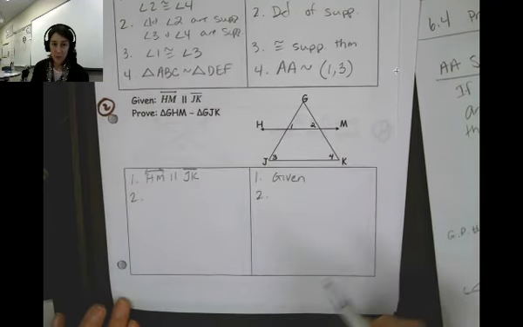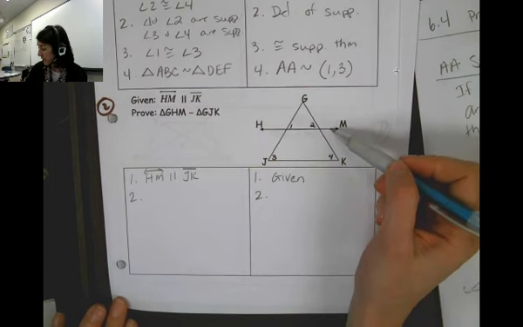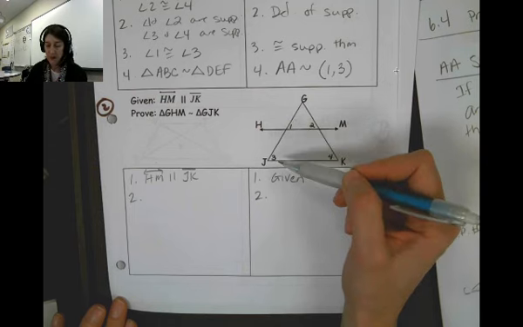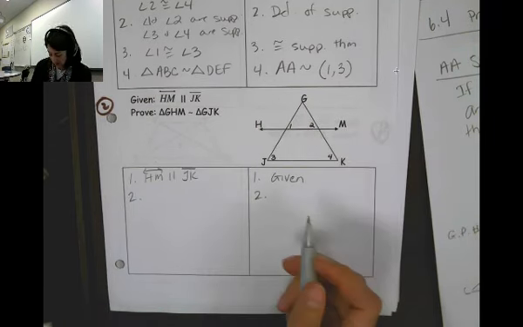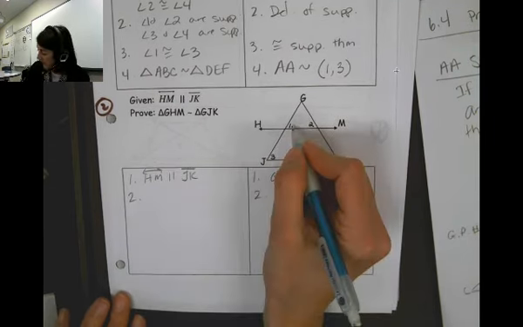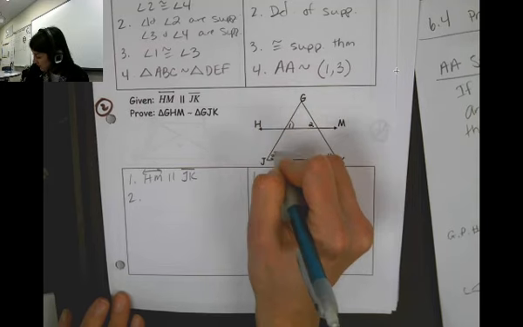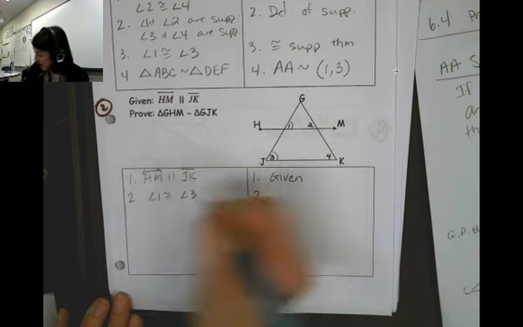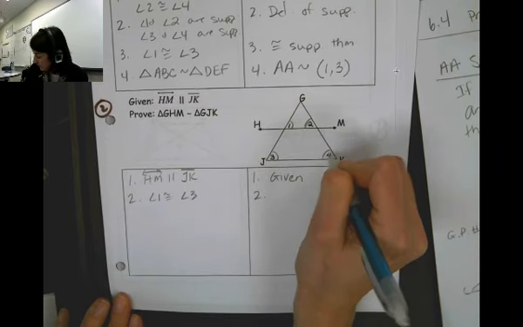And hopefully you remember way back when we looked at parallel lines and relationships between angles and parallel lines. So I can, and I'm going to put them in the same step, show that angle 1 is congruent to angle 3 and angle 2 congruent to angle 4.